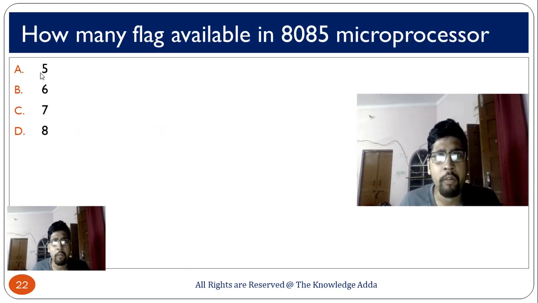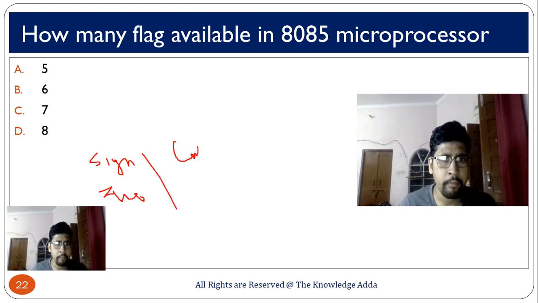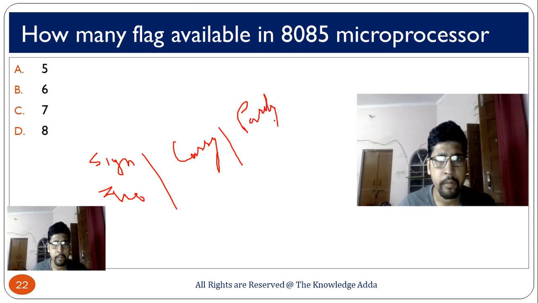How many flags are available in the 8085 microprocessor? So in the 8085 microprocessor we have 5 flags, and the names of the 5 flags are sign flag, zero flag, carry flag, parity flag, and the fifth one is the auxiliary carry flag.